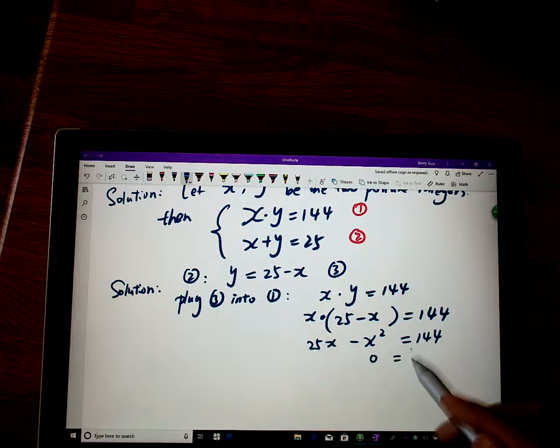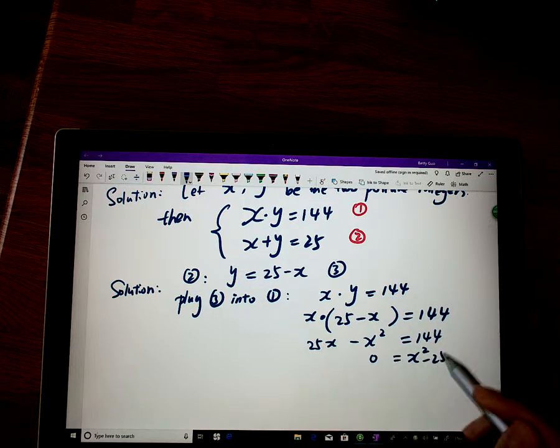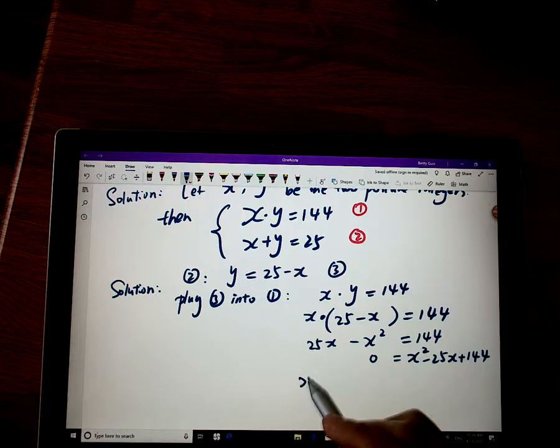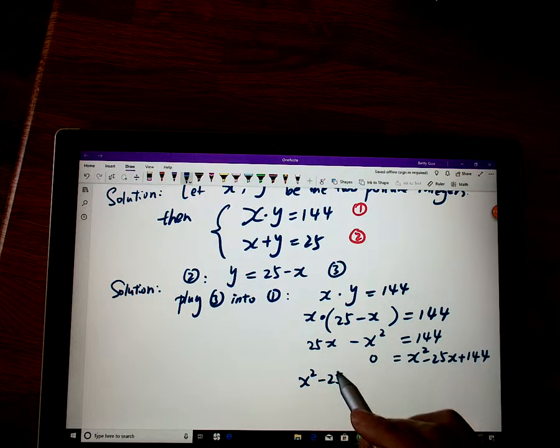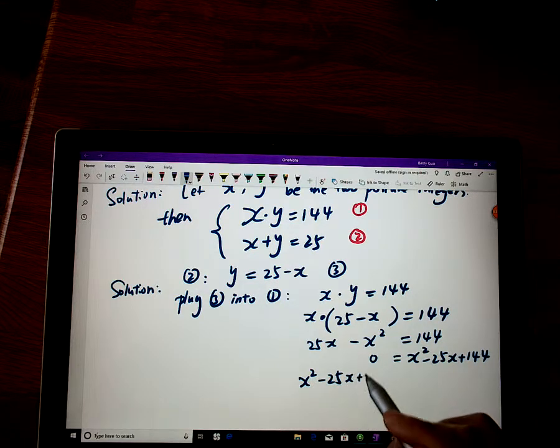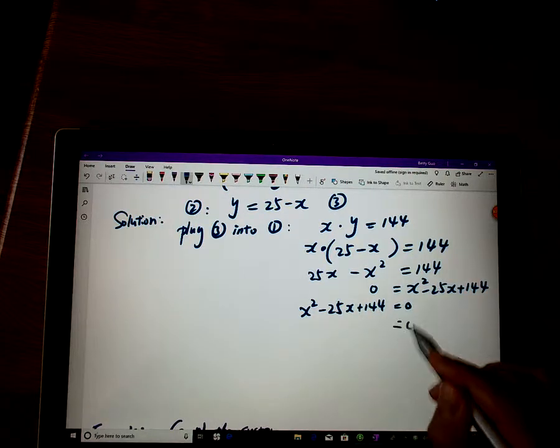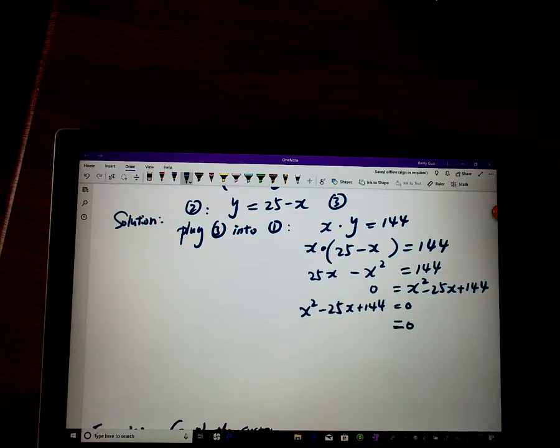Everything goes to the right. X squared minus 25x plus 144. And switch the sides because we get used to having 0 on the right hand side and the function on the left: x squared minus 25x plus 144 equals 0. Right hand side is 0, left hand side is a quadratic trinomial, so that is a quadratic equation.